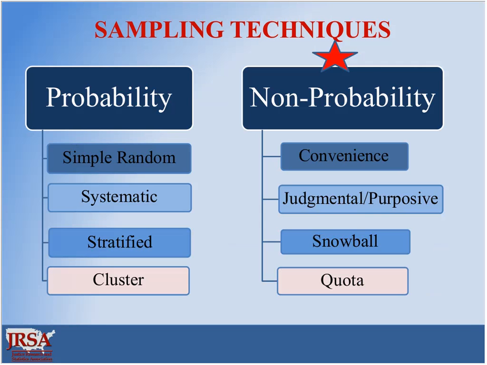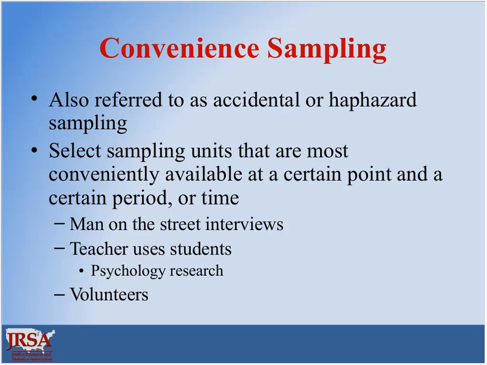All right, moving on to non-probability sampling methods. The first one to discuss is convenient sampling. Convenient sampling is referred to as accidental or haphazard sampling. It is considered quick, convenient, and economical.